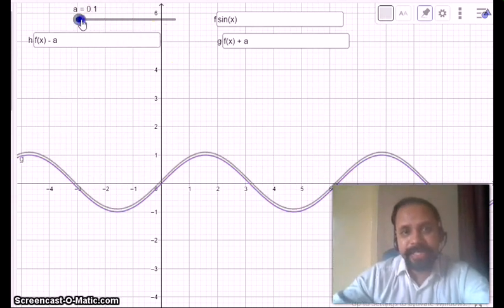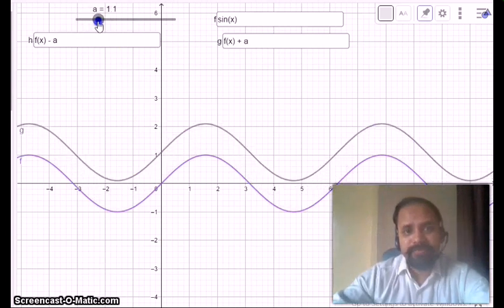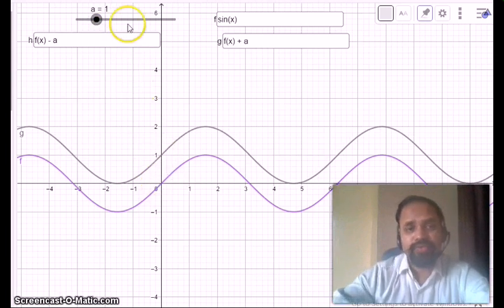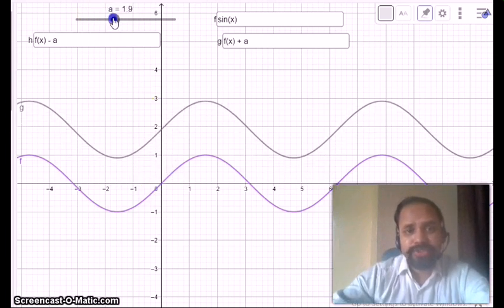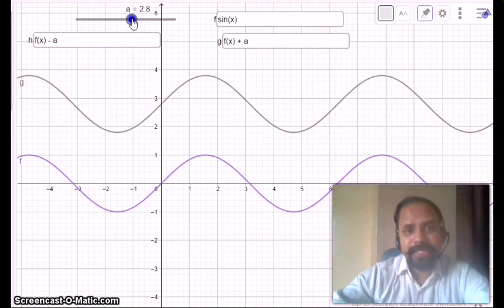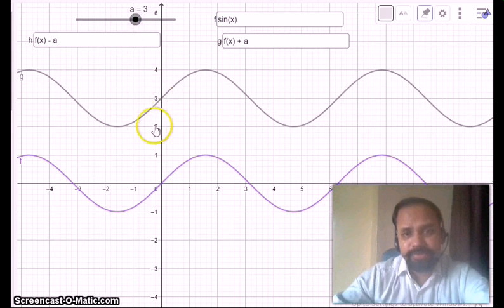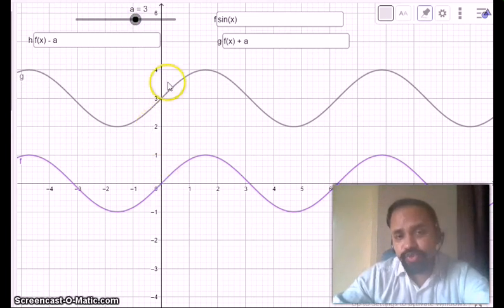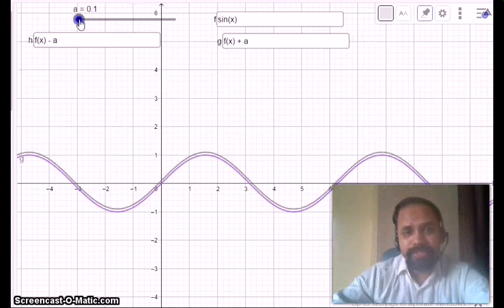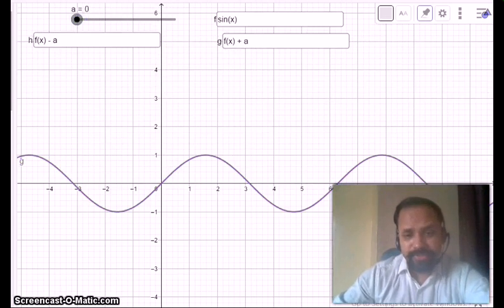If we write sin x plus 1, the graph shifts 1 unit up, then 2, then 3 units upwards, and so on.